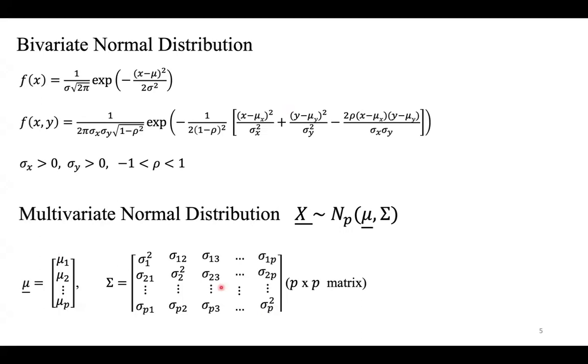The diagonal elements of the square matrix are going to be the respective sigma squared values. For example, if it was only two variables, we would have a 2 by 2 matrix, wherein sigma 1 squared corresponds to sigma x squared, sigma 2 squared corresponds to sigma y squared, and the other two, sigma 1 2 and sigma 2 1, are the same thing, which is the covariance. All right, so this is about the normal distribution.